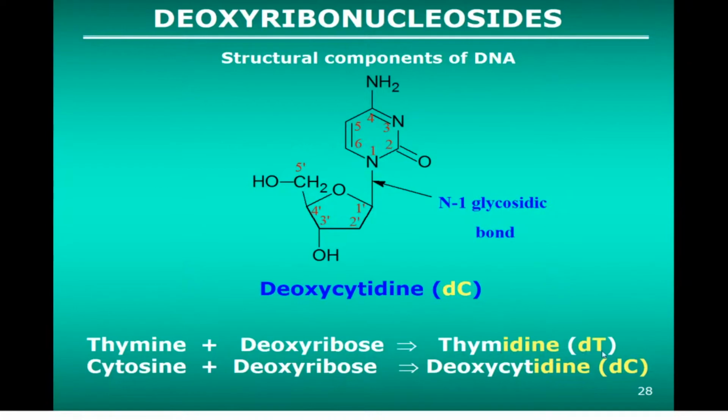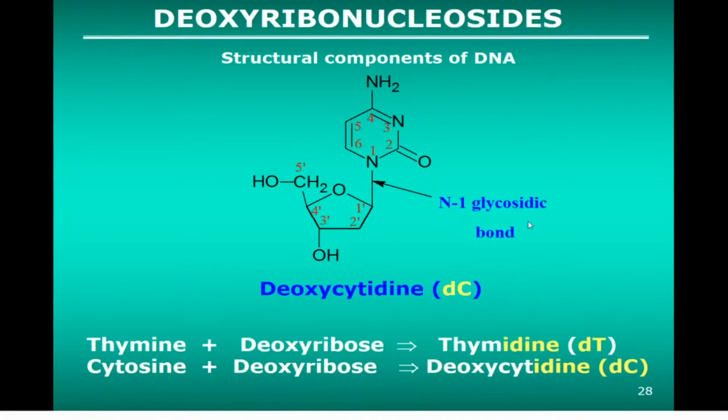For short, still dT, because it's a structural unit of a polymeric compound, and the position and order of these nucleotide units we indicate using short forms, so dT will be in a line for short, but the name is thymidine.